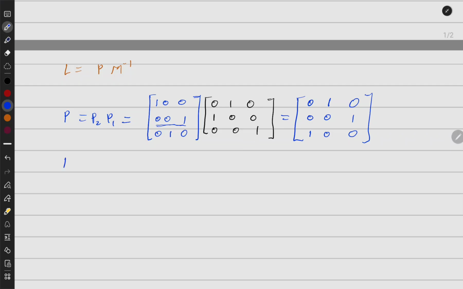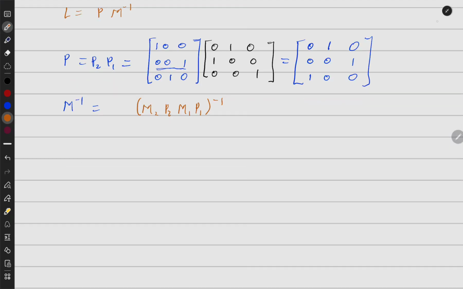So what about our M inverse? So we say that our M inverse equals this is P1 inverse, this is M1 inverse, this is P2 inverse, this is M2 inverse. So therefore this is equal to, so you should know that my P1 inverse is the same as P1 transpose.